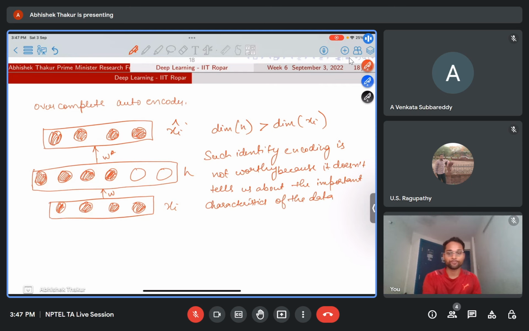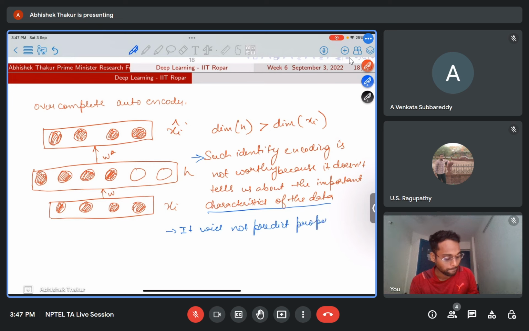Let's suppose we have done this, so it will definitely work well with the training data set. Now when you give it new data, it has not learned more characteristics of the data, so it will not be able to predict correctly. It will not predict properly for the unseen data.